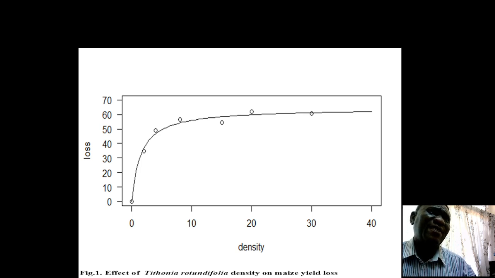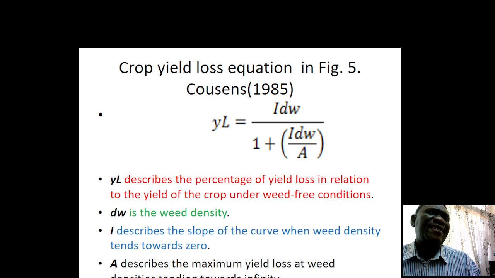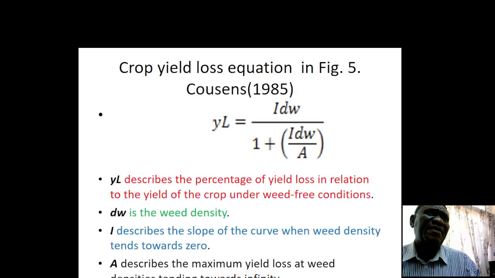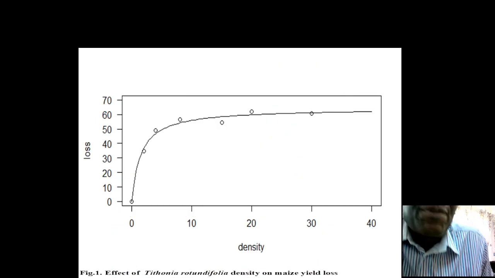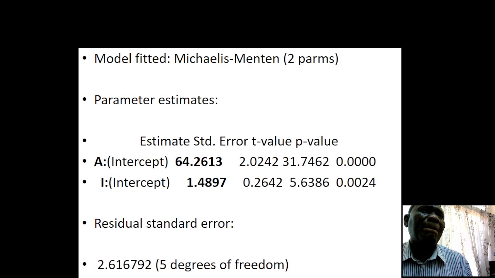You can see he also produced a rectangular hyperbola as was proposed by Cousins, which looks like that one. So this was done as a research project by a student here. And he went on to calculate A.